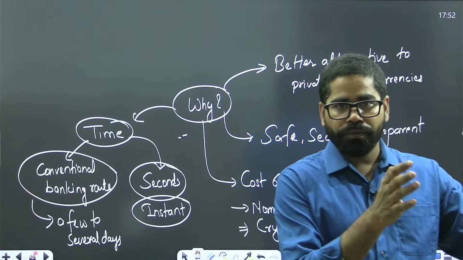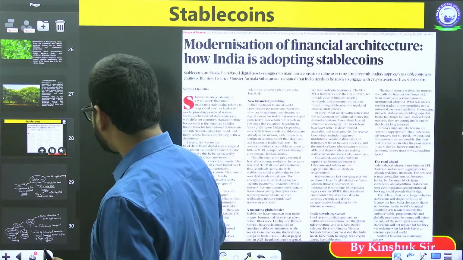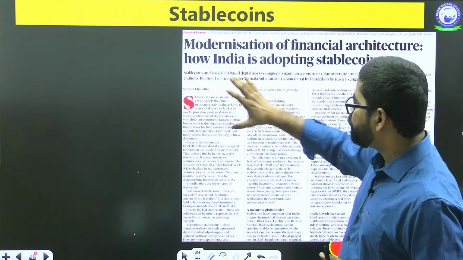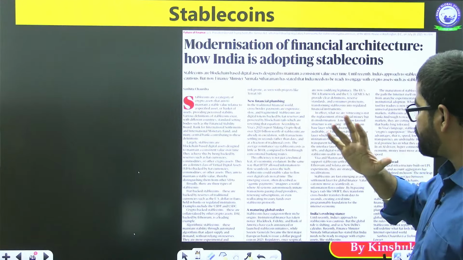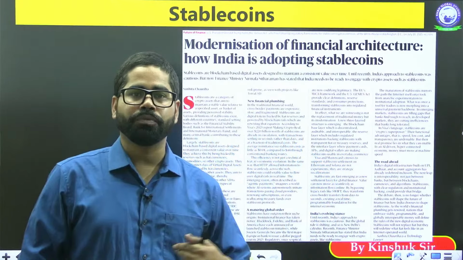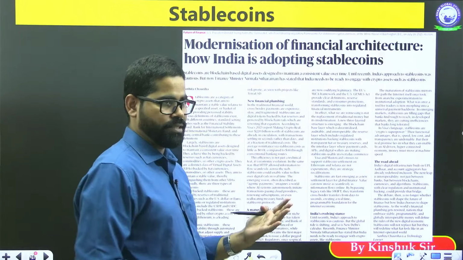Now, when we talk about India's perspective, you can see this news article. Recently, the Finance Minister of India, Nirmala Sitharaman, has stated that India needs to be ready to engage with these crypto assets.